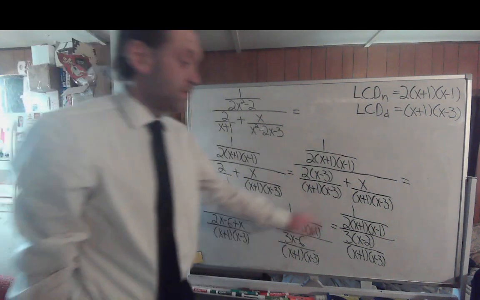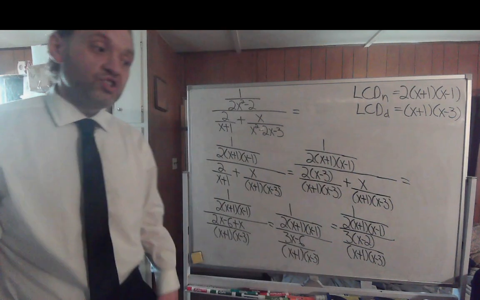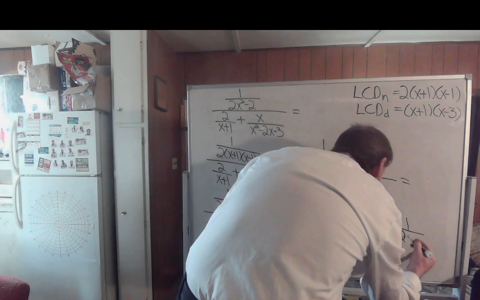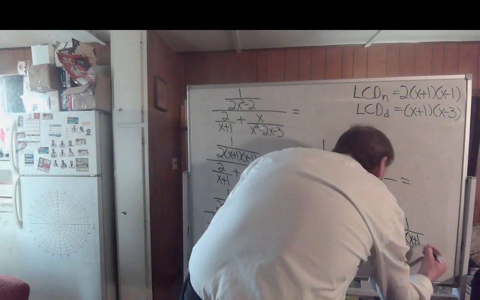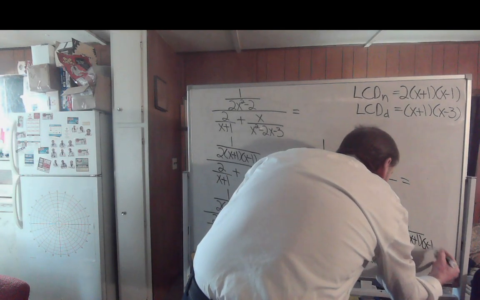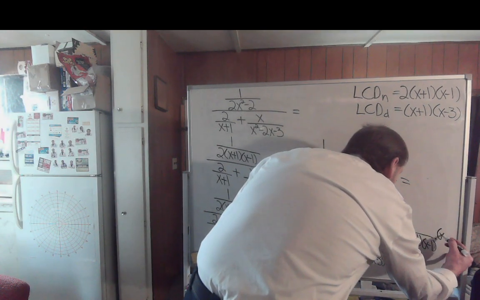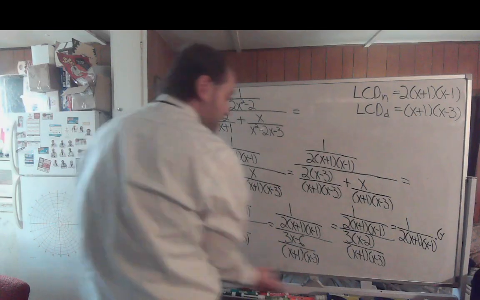So you have a fraction divided by a fraction, which means you invert and multiply. So this will turn into 1 over 2 times x plus 1 times x minus 1 times x plus 1. Dang, this is really running out of room here.